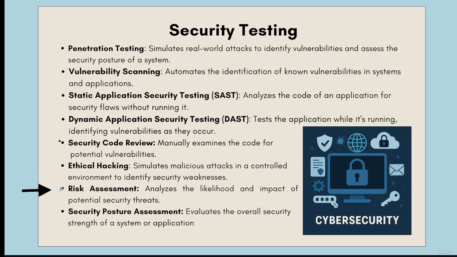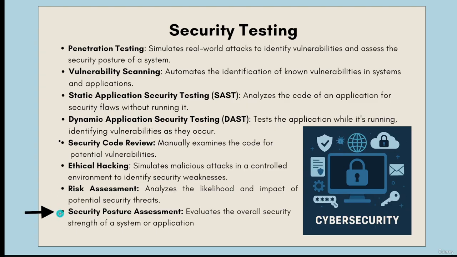Under risk assessment, this analyzes the likelihood and impact of potential security threats. An example would be a risk analyst uses the FAIR methodology to determine that an exposed admin panel has a medium likelihood of being attacked and a high potential business impact, so marking it as a high priority risk.